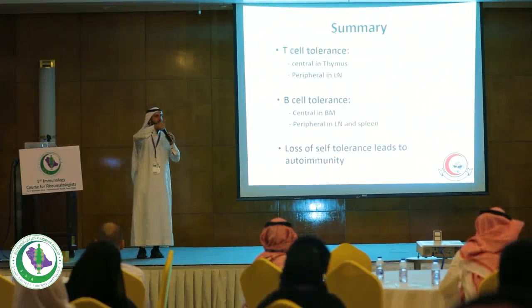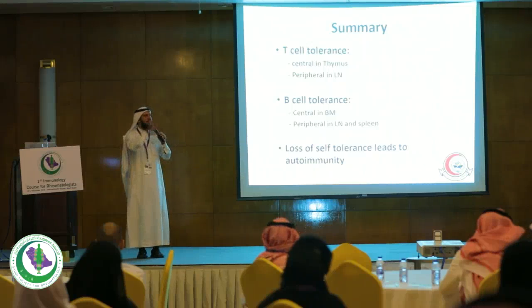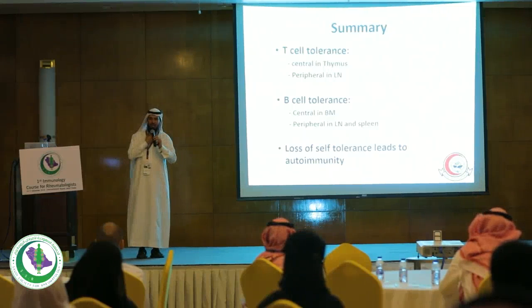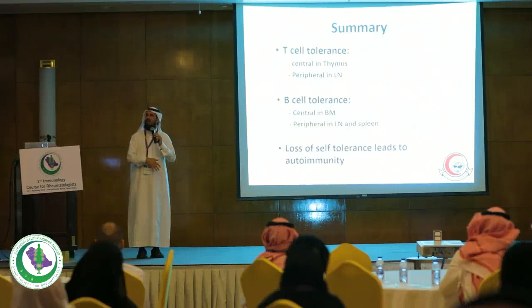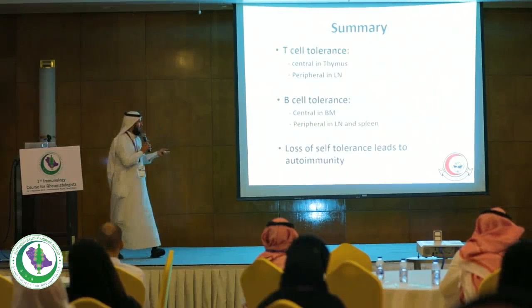If pediatrics consults about DiGeorge syndrome with autoimmunity like SLE, this is a failure of central tolerance. If you have an AIRE mutation, this is failure of central tolerance. If you have Treg deficiency, like IPEX or CTLA-4 deficiency, this is failure of peripheral tolerance.